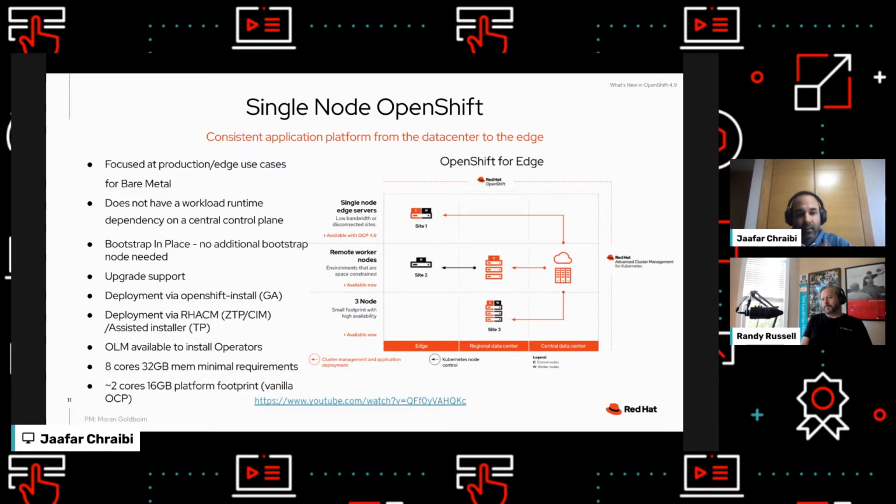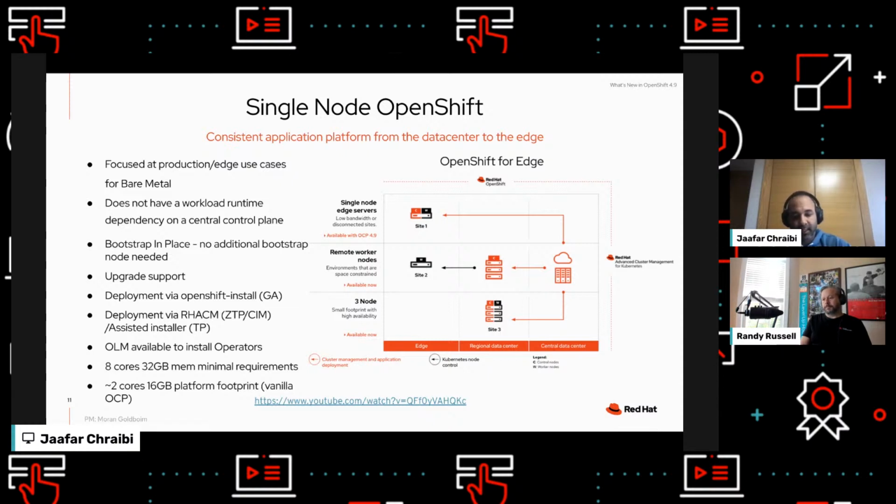Basically, this is for production use, first of all. We've had other distributions like CodeReady Containers, which were aimed at developers, not for production use, and those were not really a full-fledged OpenShift. Now, this is a full OpenShift running on a single node.